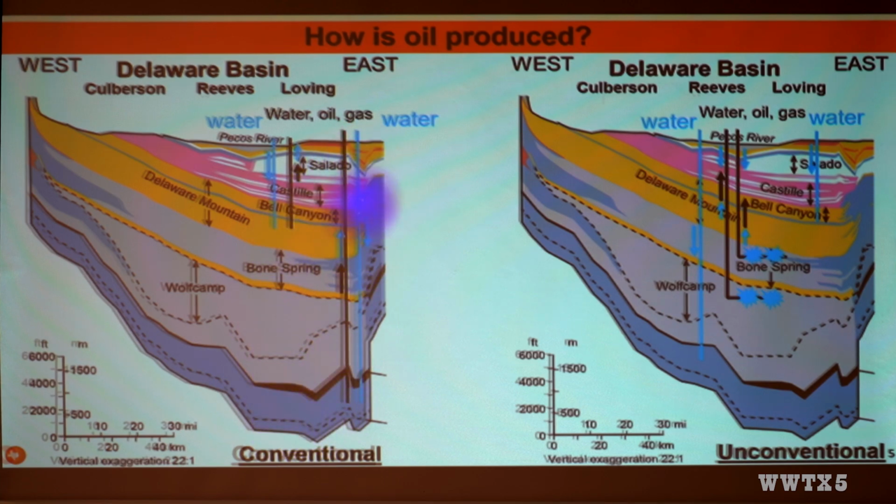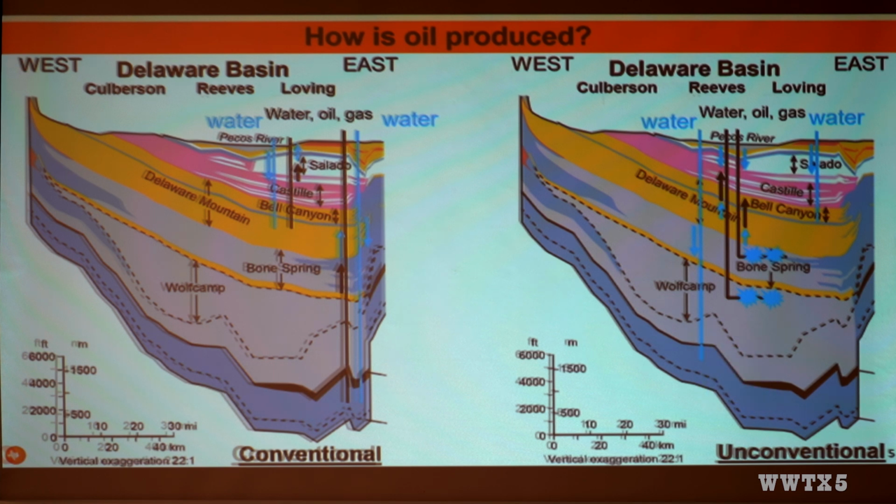So that's a type of conventional system. Then later on, like 15 years ago, operators started fracking the Wolfcamp and the Bone Spring, but injecting the water in the Delaware Mountain Group or in the Ellenberger. So that's what we call the unconventional.